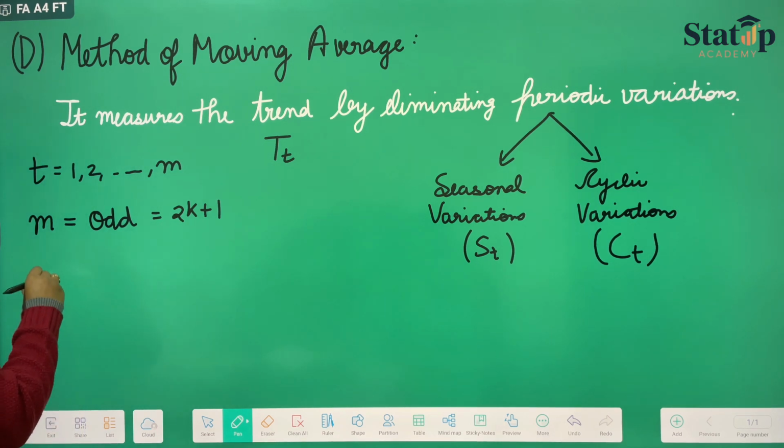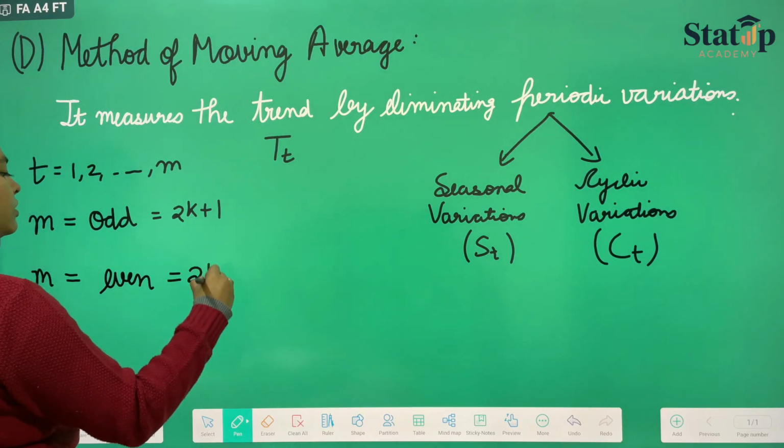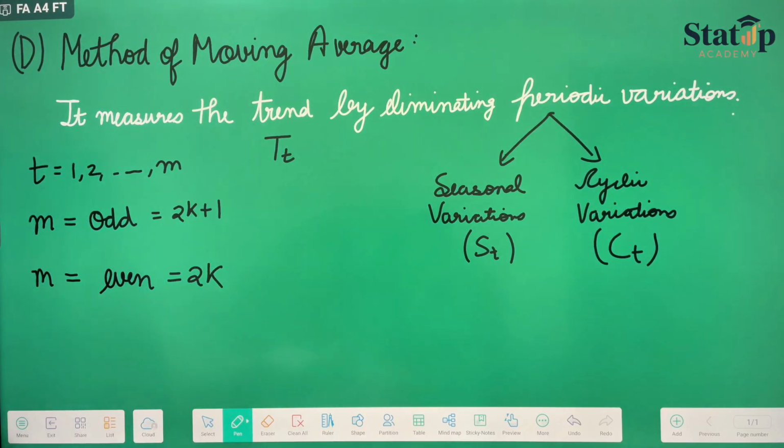And if M is even, then the values will be placed in front of the time series. So we'll consider an example, after which it will be clear to all of us what we mean by method of moving average. How do we solve the question?